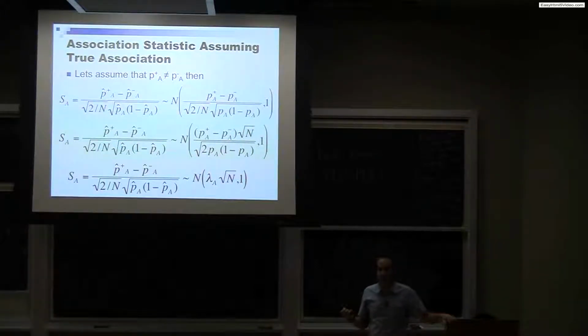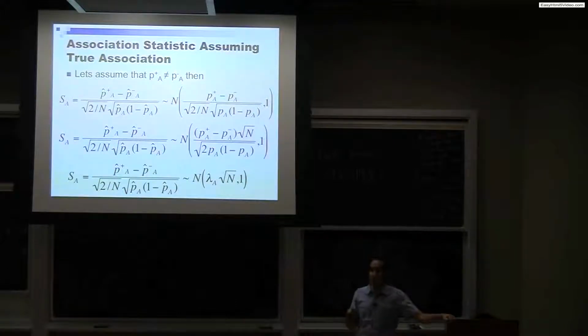Power gives you an idea of what you can possibly find in your study. For example, if I have 1,000 individuals, I can compute what kind of differences I would be able to find, and which I would not. Maybe I can find differences of 0.1, but maybe I can't find frequency differences of 0.05.